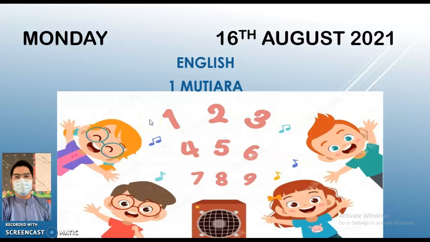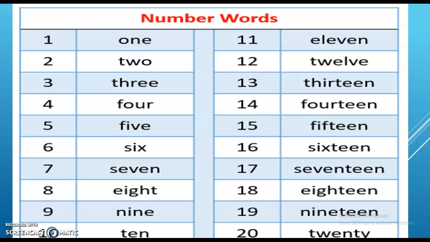Okay, numbers. Okay, nombor. Okay, look at this. We have number 1, 2, 3, 4, 5, 6, 7, 8, 9. Alright. Okay, so number words. Dia kata nombor dan perkataan lah.